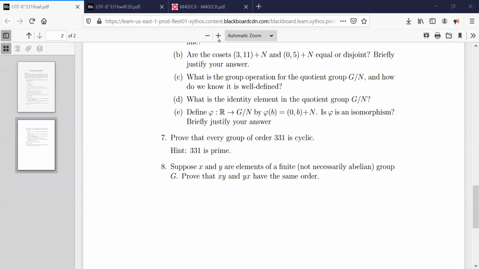So if not cyclic, then we need at least 2 elements to generate the group, right? Mhm. What can I say about the order of those 2 elements, as it relates to the order of the full group?